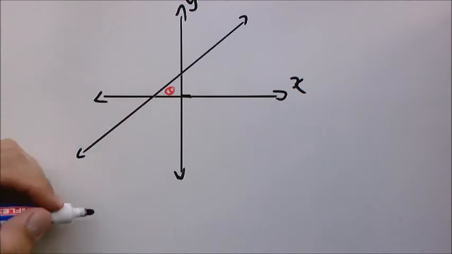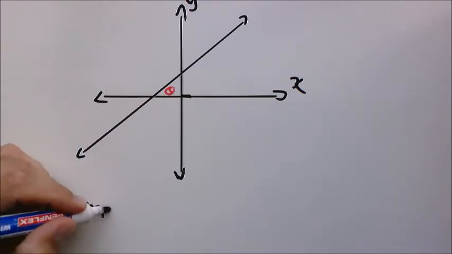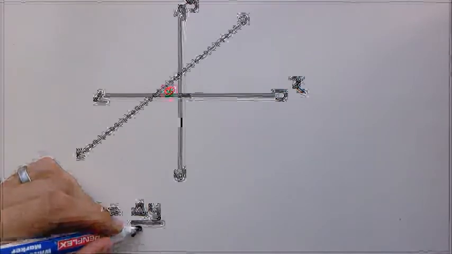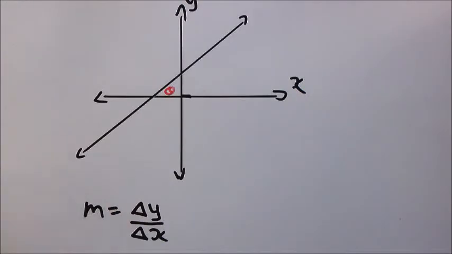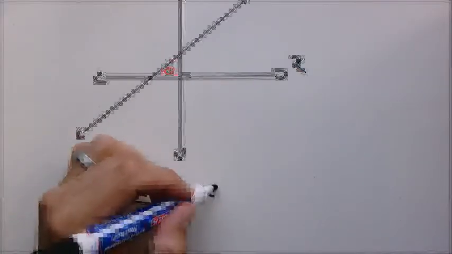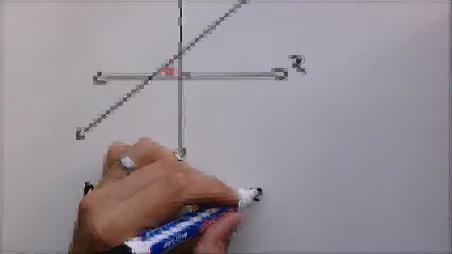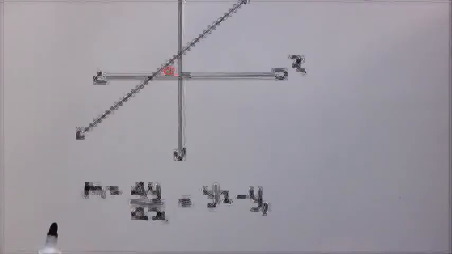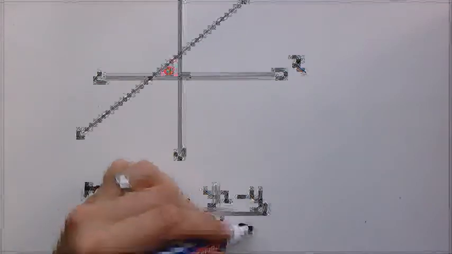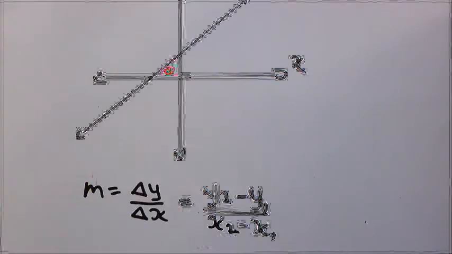Now we know that the gradient is the difference in y coordinates divided by the difference in x coordinates. Okay, so if we expand this, it will be y2 minus y1 divided by x2 minus x1.